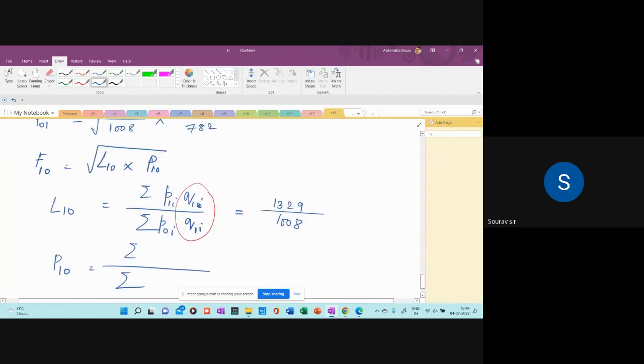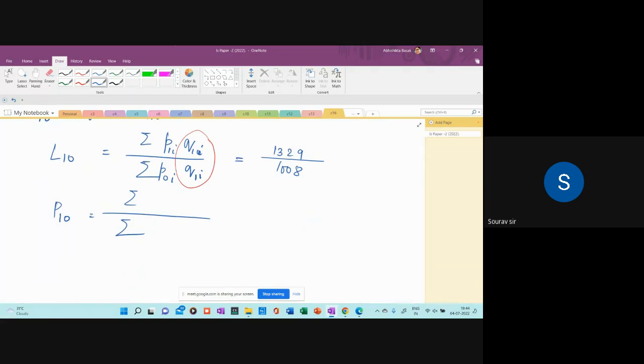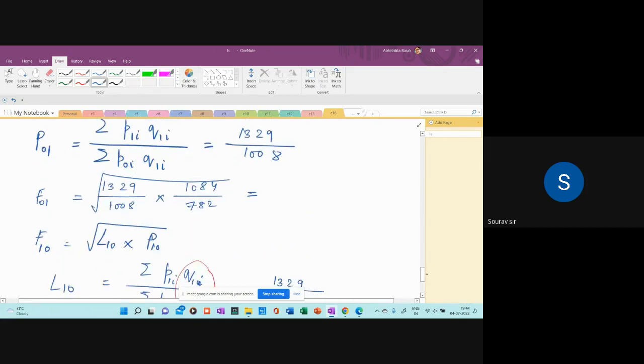So basically, this isn't going to change, and this is going to give me the corresponding value P1 by P naught into Q1 by Q naught. So let's put the values and find out. First, let us try whether the first value is actually matching or not.